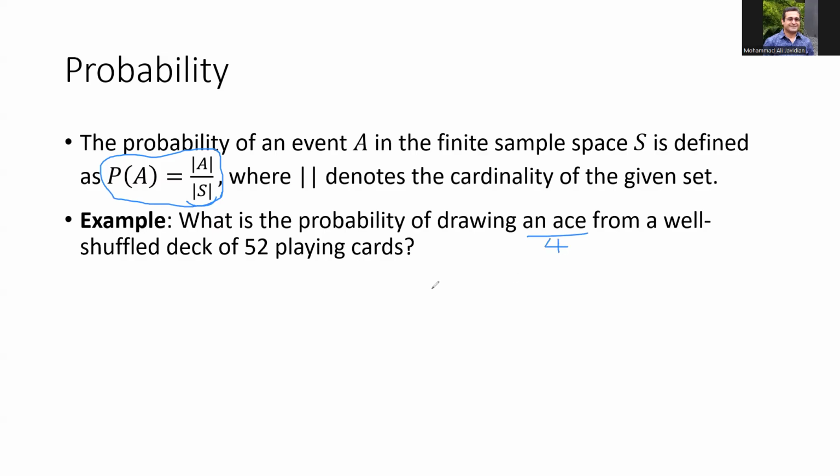So the cardinality of A is 4, divided by the number of different possibilities, which is 52 cards. So the probability of an ace, P of ace, in this example is 4 divided by 52.